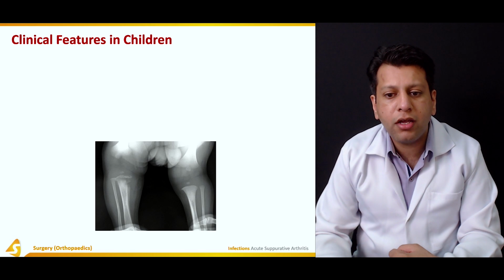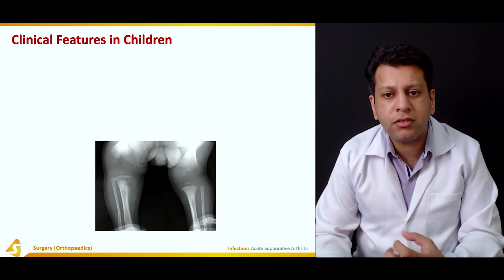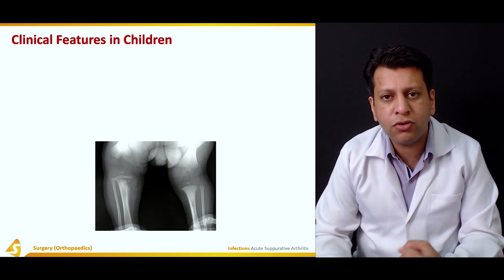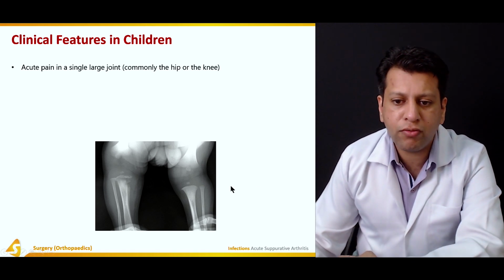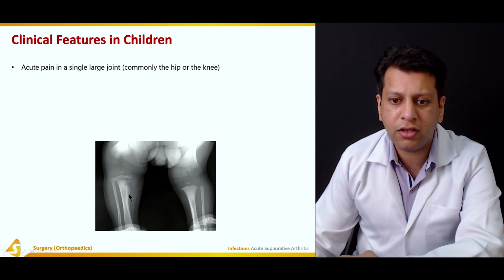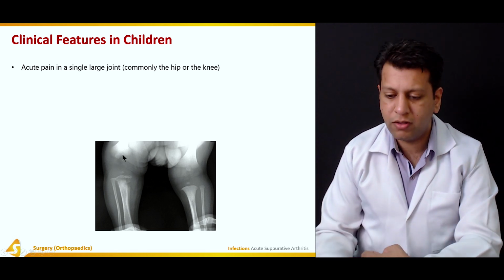Now, coming to the clinical features of acute suppurative arthritis in children, as you can appreciate here. This looks like a normal knee, but if you see it over here, there's a lot of swelling. Look at the tibia; it's showing a fraying area as well, and similarly the distal femur is also showing some signs of inflammation.